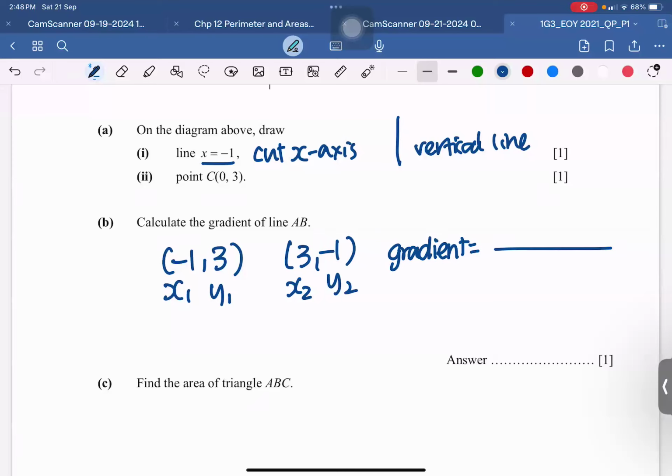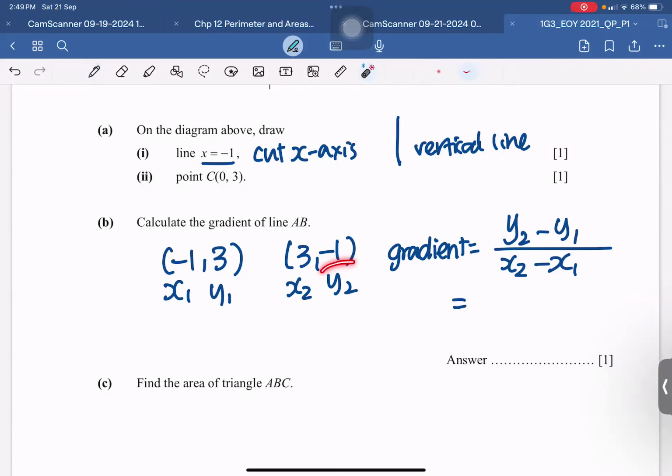Gradient formula starts with y. Y what? Oh no, you all cannot remember. It's chapter 11. Yes, y2 minus y1 over x2 minus x1. Thank you very much. So this formula, make sure you remember, okay?